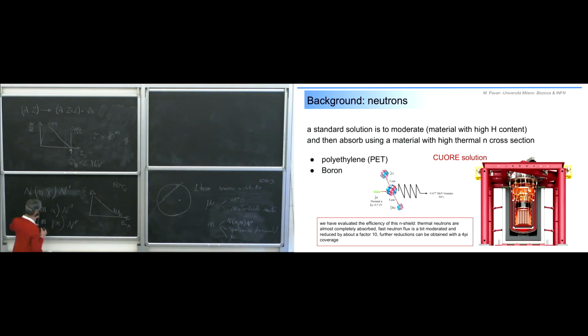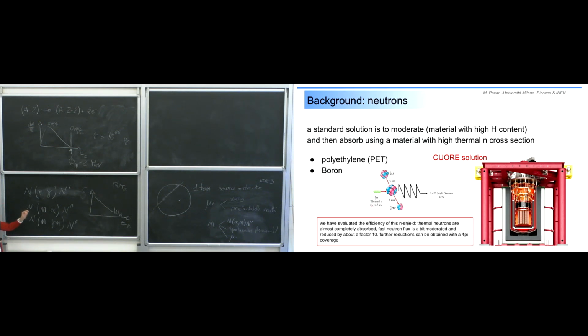I want to use one of these reactions once I first thermalize, so I move my neutron from here to here. Then I want to have an interaction. In this case, it should be a passive system, so I do not have any detector that will tell me there is a neutron here.